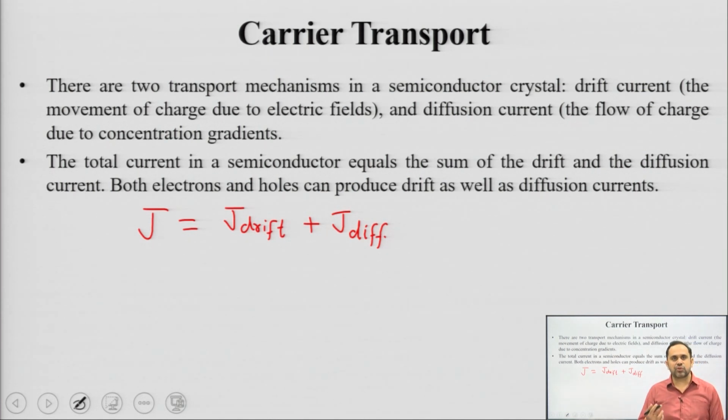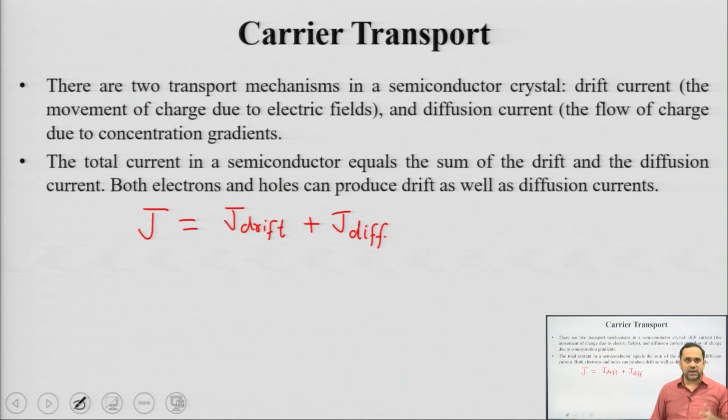If you have higher electron concentration spatially between two points, you can have diffusion current with charges flowing from higher concentration to lower concentration. Diffusion always occurs from a region of higher to lower concentration, and it happens for both electrons as well as holes.